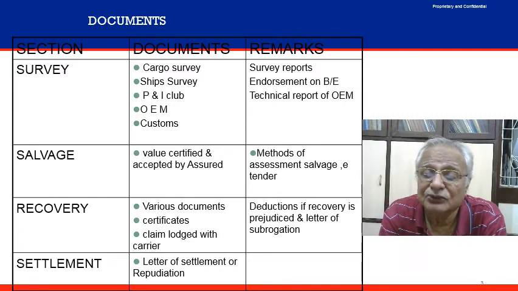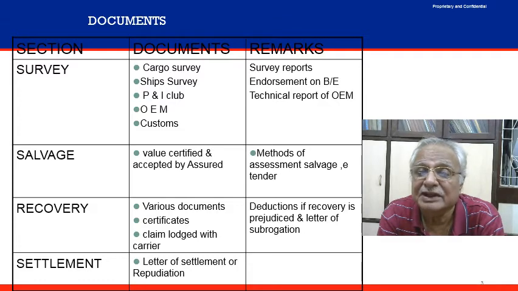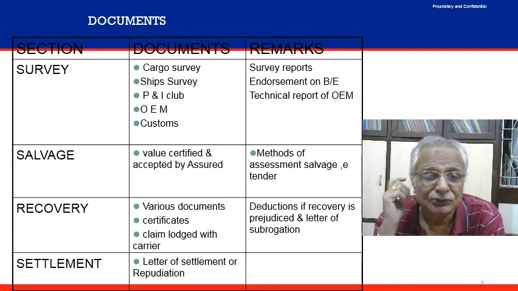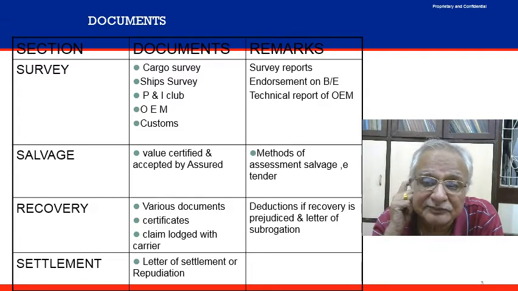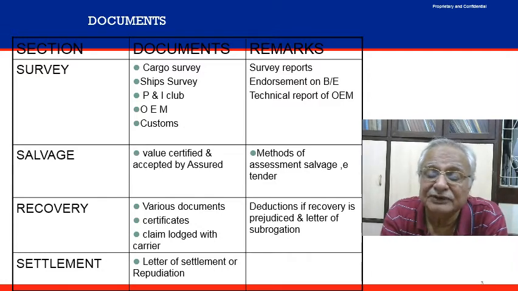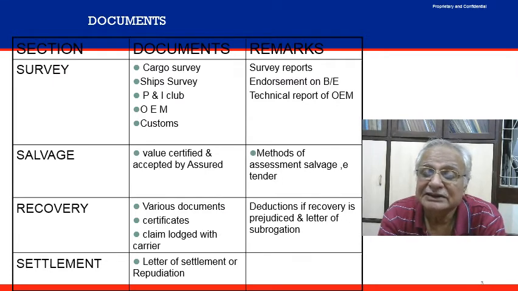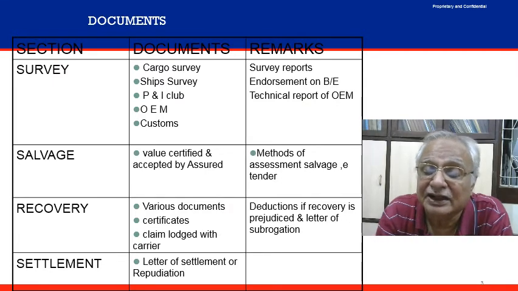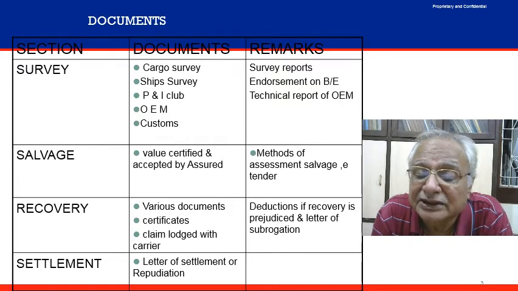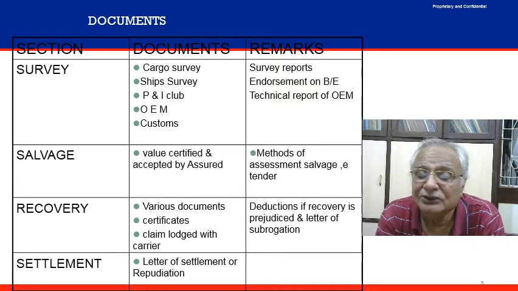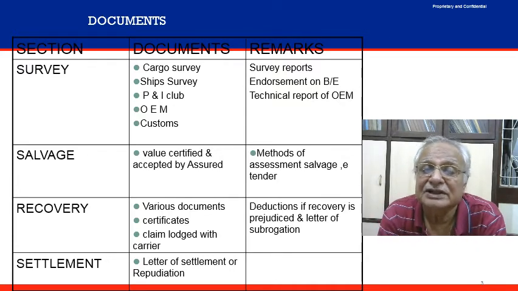Then there is the OEM, original equipment manufacturer. The OEM may appoint his own surveyor in case of machinery damages, where there is a question of assessment in the docks premises and a decision to be taken on clearance or abandonment of the cargo.